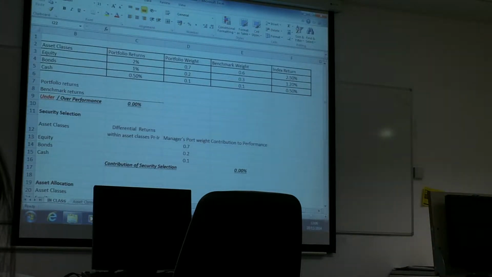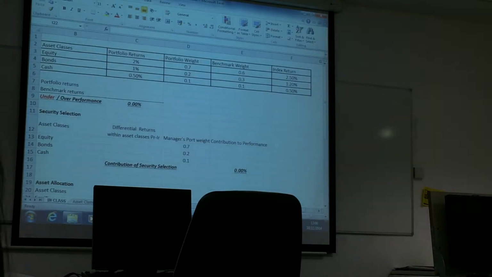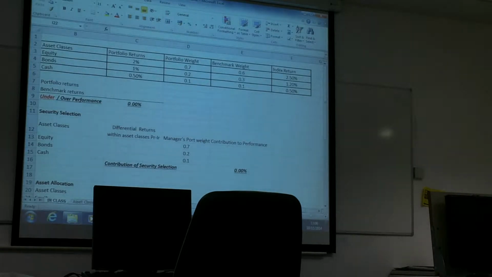Okay, so his asset selection wasn't very good within equities, so his stock picking wasn't good. And you mentioned something about weighting there. Now you said the weighting's about the same. Okay, you're right, but there are some differences there. What we use attribution for is to work out, was it the asset allocation that hindered the performance?